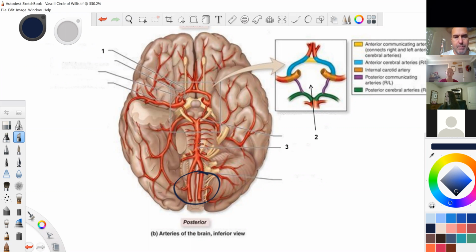They come together into a basilar artery here, and then this circular structure zoomed up over here onto the right is the actual circle of Willis. This is the size of your thumbnail, so it's a very small structure. Once again, sitting at the base.